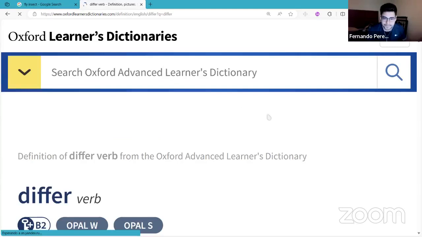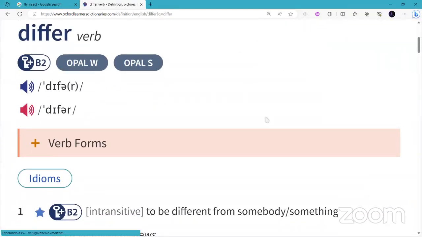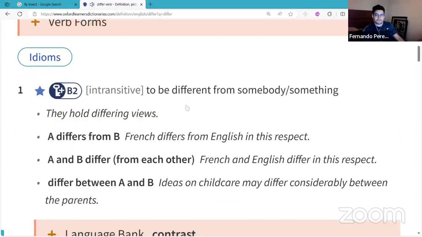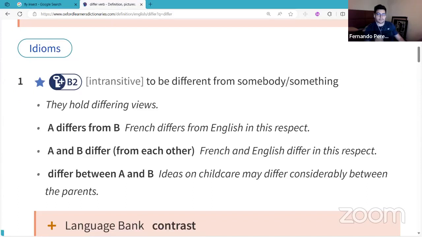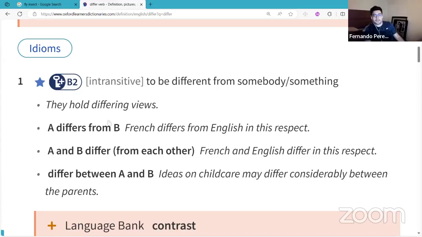Izzy, are you there, girl? Hello, teacher. Hi. Yes. Let's practice. Okay, you're gonna tell me what's the meaning of differ. Differ. Differ. Intransitive, to be different from somebody, something. How do you read this slash?